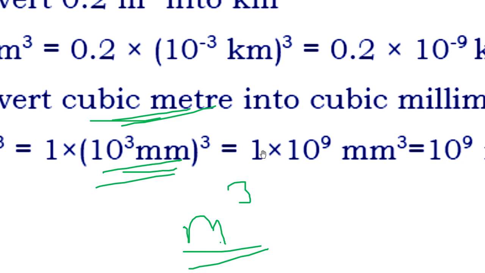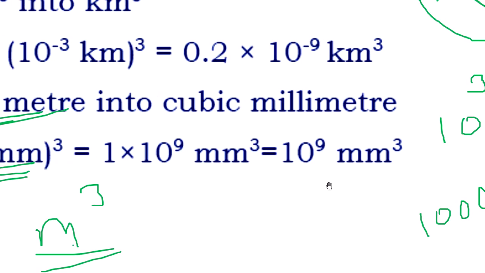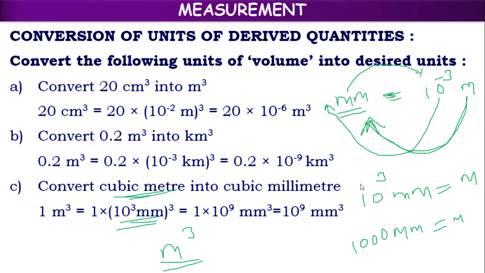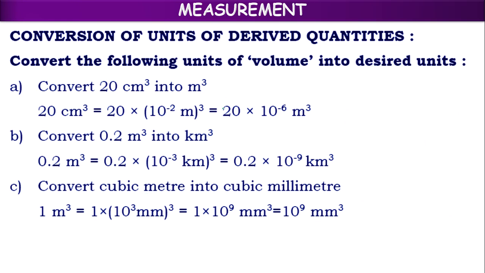Whenever we have two powers, we can multiply them. Then for millimeter also, cube will come. So 1 into 10 power 9 millimeter cube, which means 10 power 9 millimeter cube. Okay, children. In this way, we can convert derived quantity like volume into its desired units.